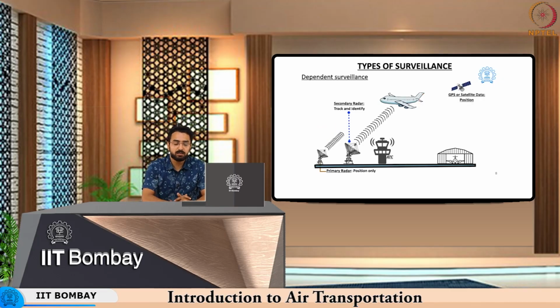Then the dependent surveillance technique, as I mentioned to you earlier, makes use of the GPS or the position obtained by satellite communication. This data is retrieved by the SATCOM through the satellite and is transmitted onto the aircraft.